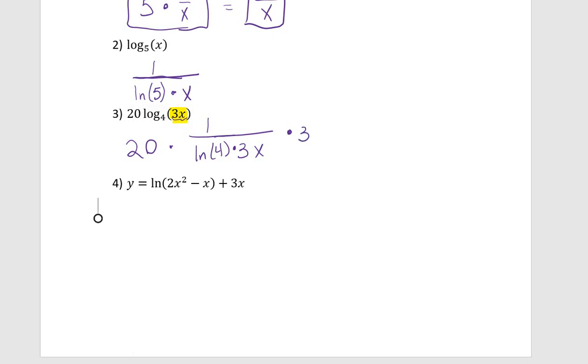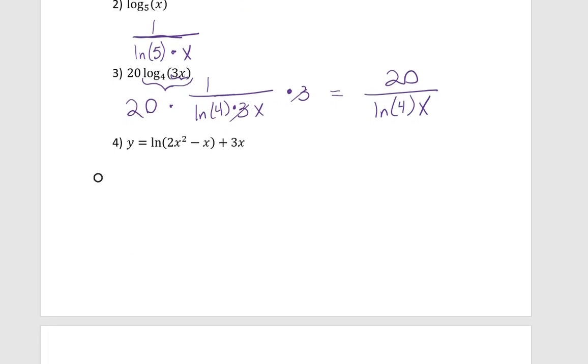So remember, the chain rule says you take the derivative of the outside, leave the inside alone, and then multiply by the derivative of the inside. Now we can clean this up a little bit. Those 3's are going to cancel. So it would be 20 divided by the natural log of 4 times x. All of that's on the bottom.